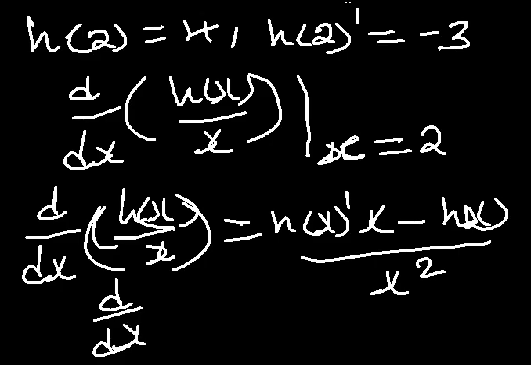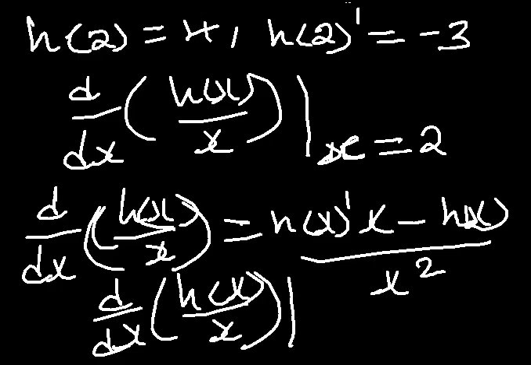Then d over dx of h of x over x, when x is equal to 2, wherever there's x, we're going to put 2.